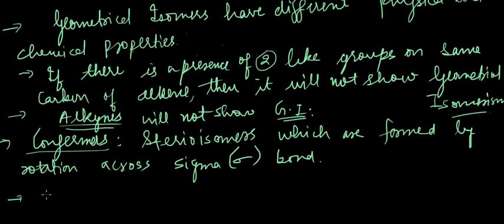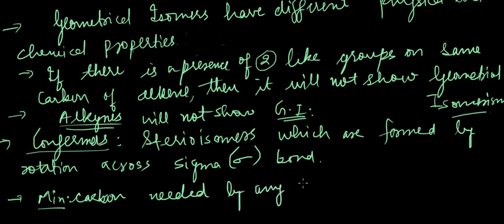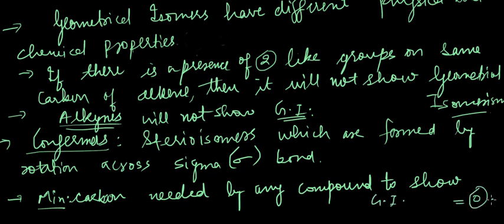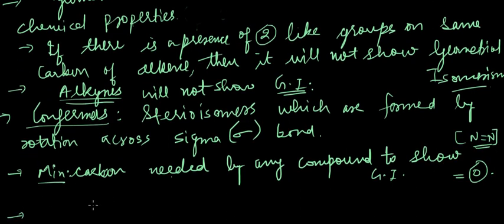No. If the question is asked in this form, the minimum carbon needed by any compound to show geometrical isomerism, the answer should be 0, because we just looked at N double bond, which can also show geometrical isomerism.